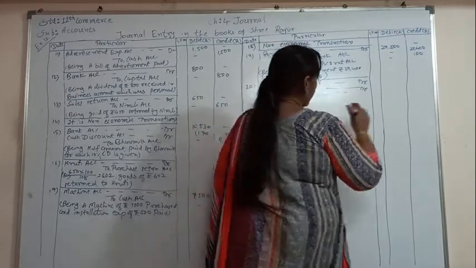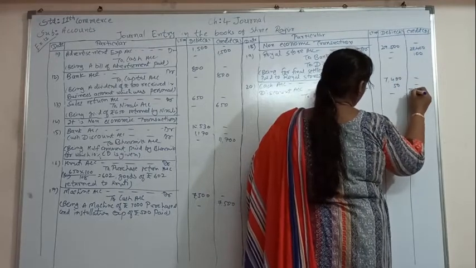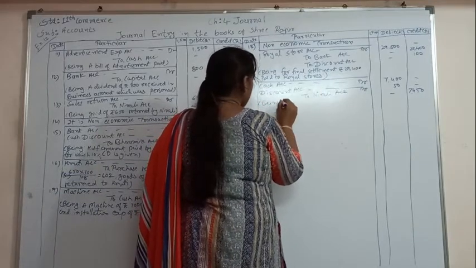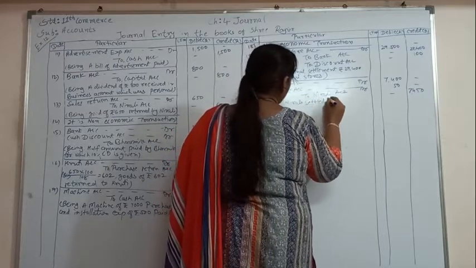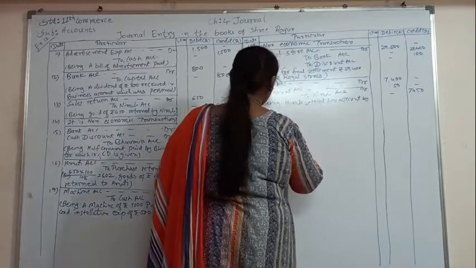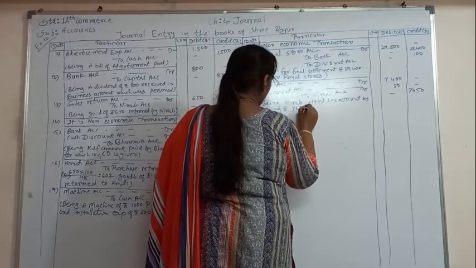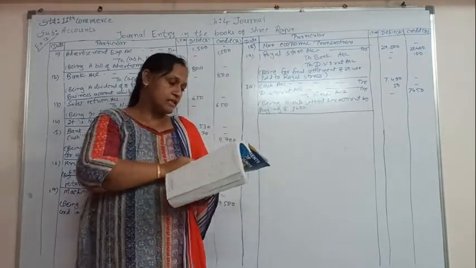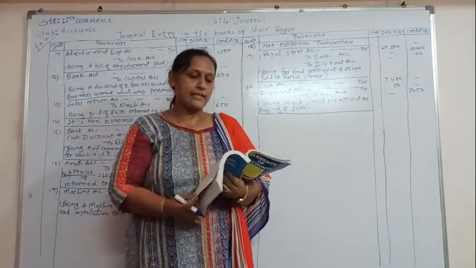So for that here 7,400, here 50, and here 7,450. So here being Nirali settled her account by paying rupees 7,400. She is supposed to pay us 7,450, but she has paid us 7,400. Now let's see the next transaction.